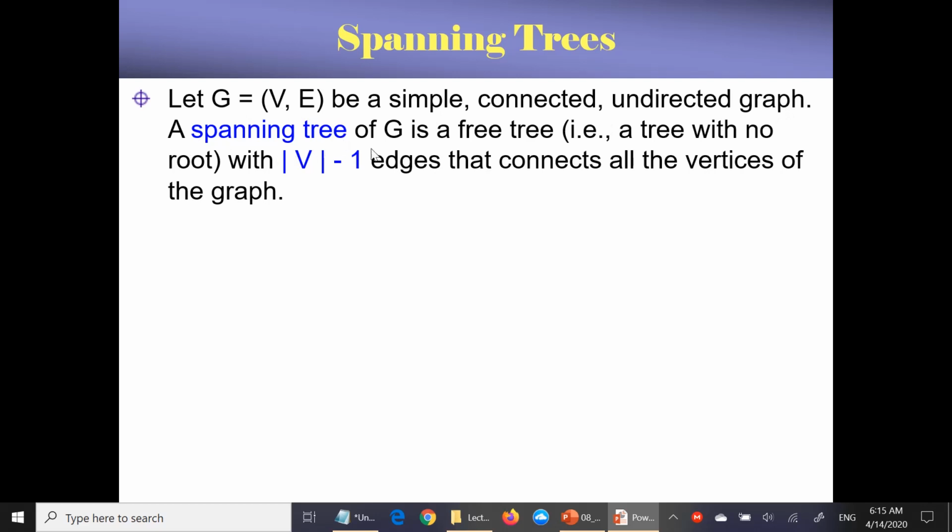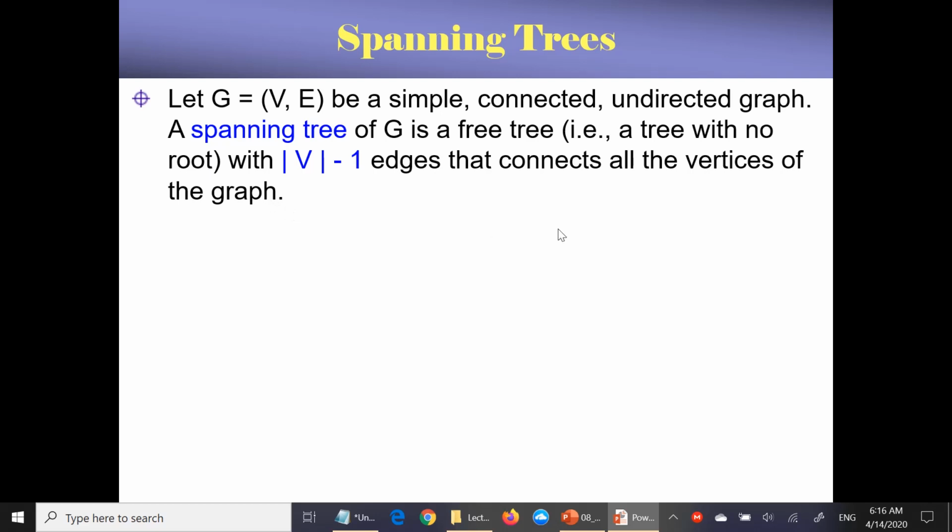A spanning tree of G is a free tree. A free tree means a tree with no specific root, but it's a tree in the sense that there are no cycles within the graph. So it's a free tree whose number of edges is the number of vertices minus 1 that connects all the vertices of the graph.